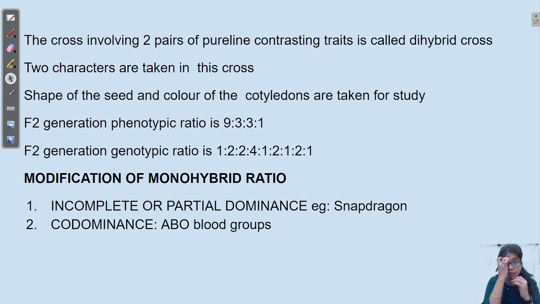Okay, so till now, why is it called codominance? For a character called blood group, you would expect two contrasting traits, but you have multiple alleles, not only two alleles for a gene. These blood groups are decided by many alleles. They are the example for multiple alleles.